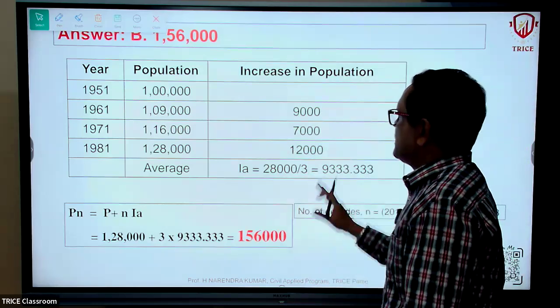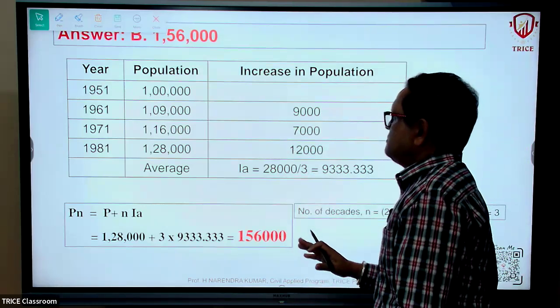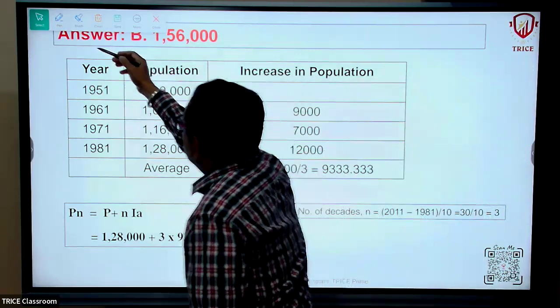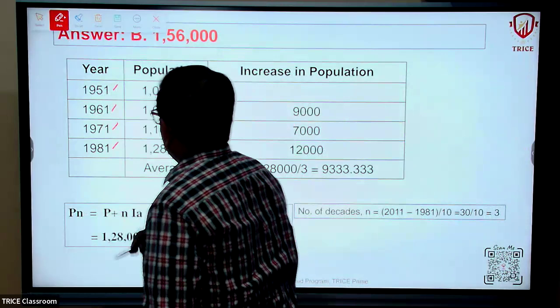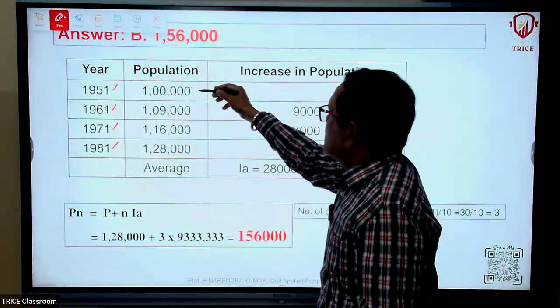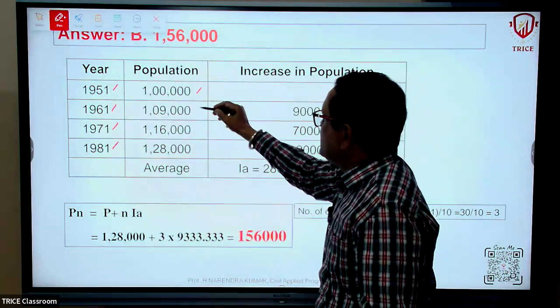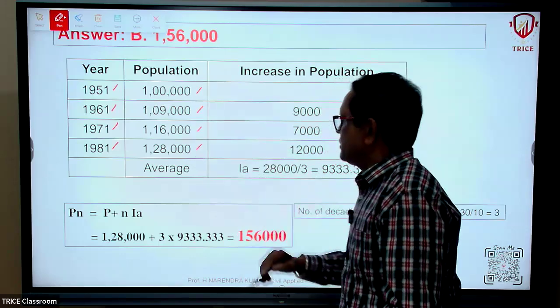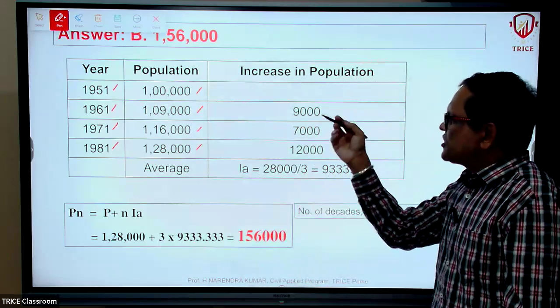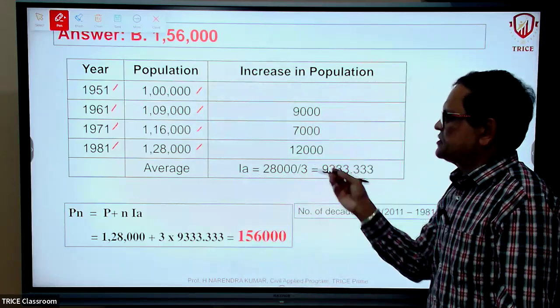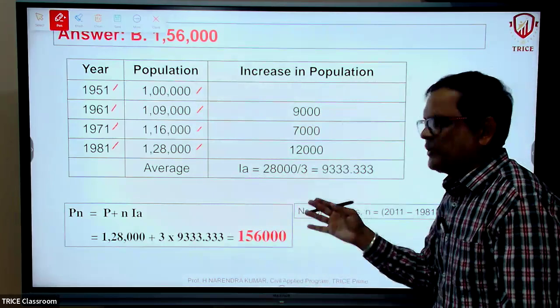So we need to create 3 columns. 51, 61, 71, 81, and this is 1 lakh, 1 lakh 9,000, 1 lakh 16,000, 1 lakh 28,000. You must be very careful while noting down the values, because it is pure mathematics.